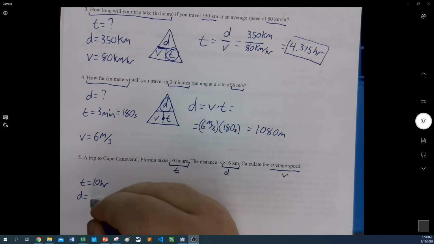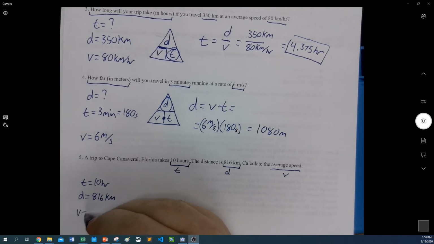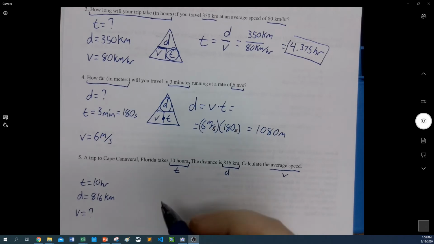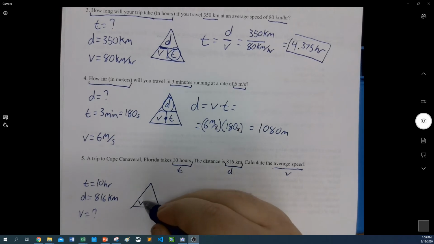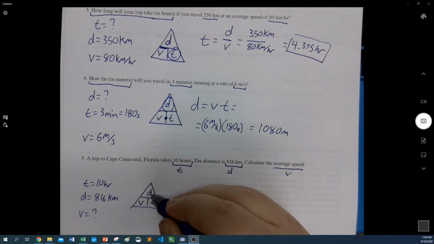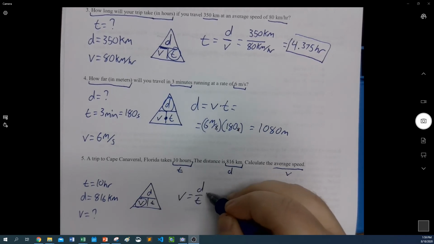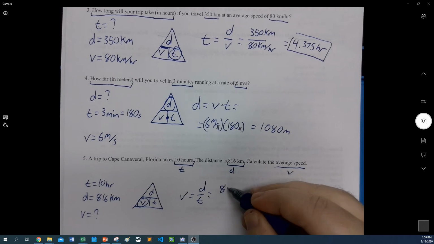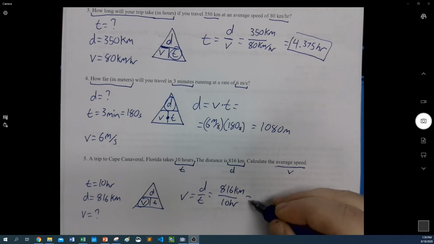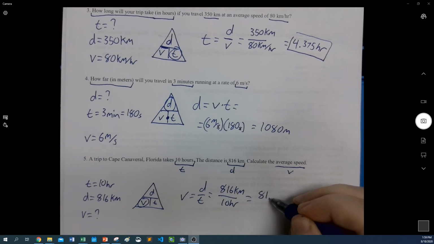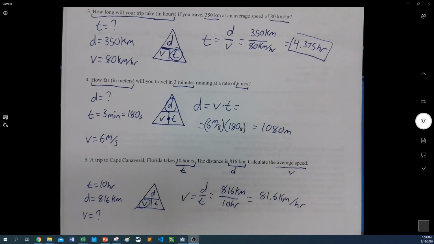Distance is equal to 816 kilometers. And we're looking for speed. So speed is equal to distance over time. So that'll be 816 kilometers per 10 hours. And that would be 81.6 kilometers per hour. Everyone get that?